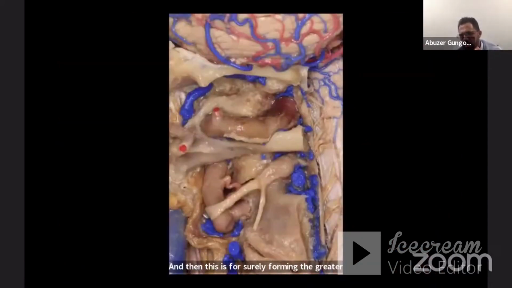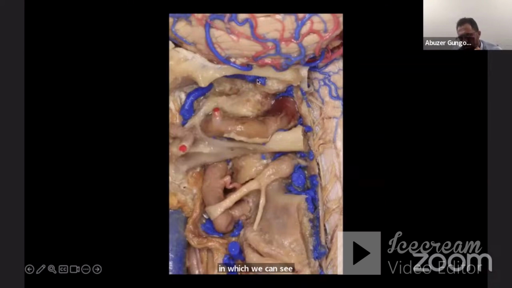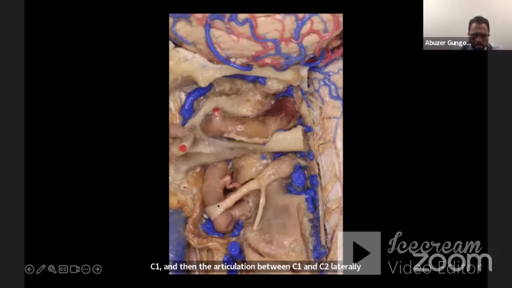This is a close-up view of the occipito-cervical junction, in which we can see the junction here between the occipital condyle and C1, and then the articulation between C1 and C2 laterally, and the relationship of these with the vertebral artery.